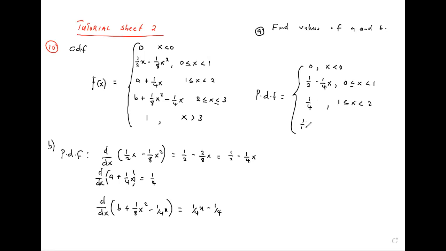Then 1/4x minus 1/4, when 2 is less or equal to x less than or equal to 3. There's 0 otherwise. So this is the PDF.